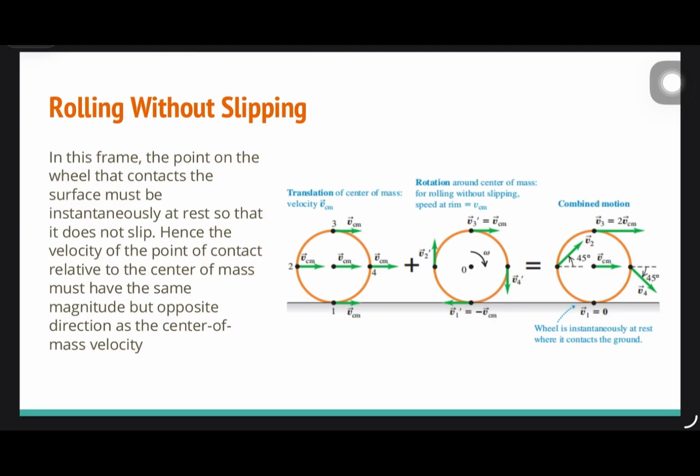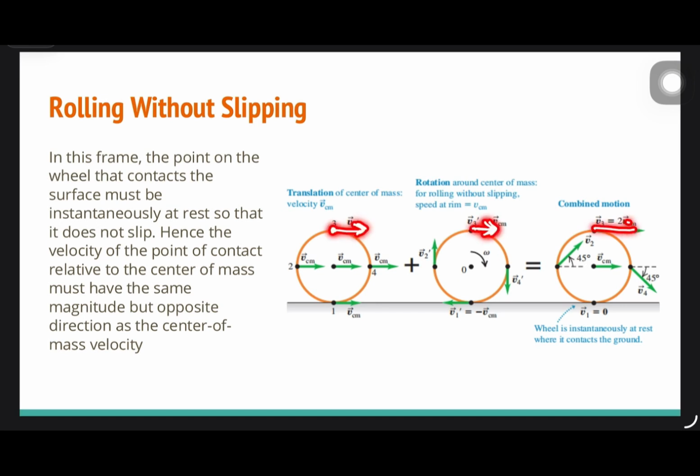Para makuha natin yung combined motion, iba po yung magiging total velocity at each point dito sa combined motion. So, at the highest point, same po yung direction ng translational at saka rotational.